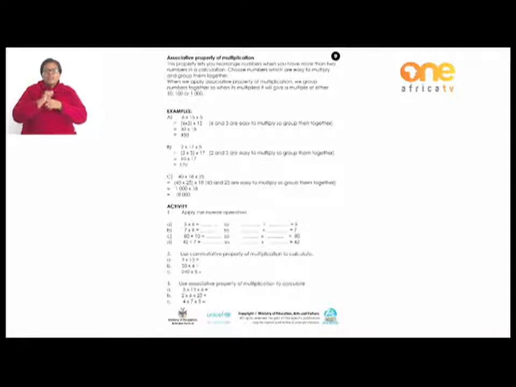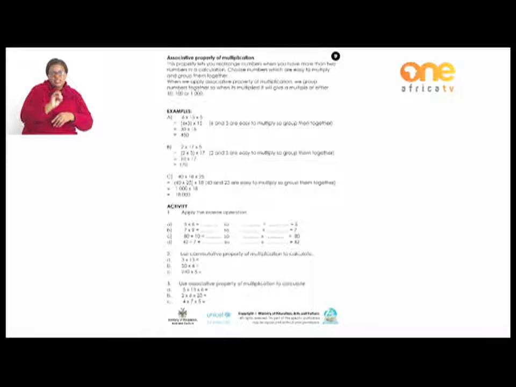Number 1, apply inverse operations. In A, we have 5 times 6. What will be the answer with division, which will give us 5? B, 7 times 9. What is our answer? And the inverse operation of that, the answer will be 7.